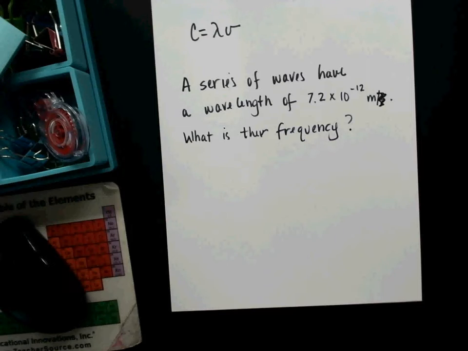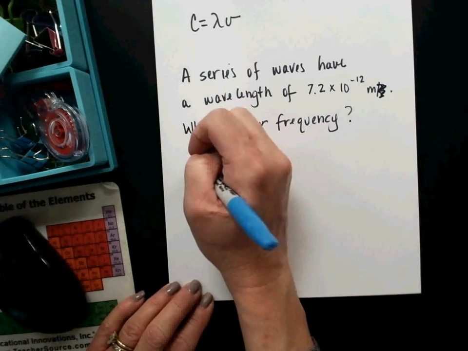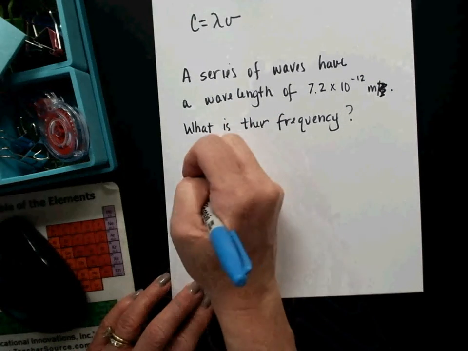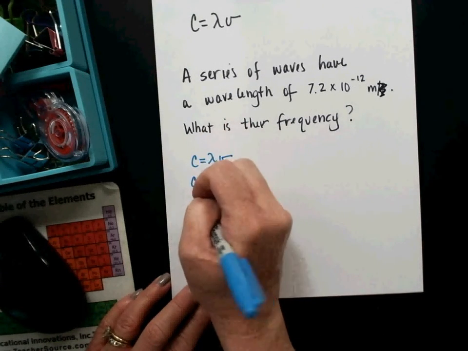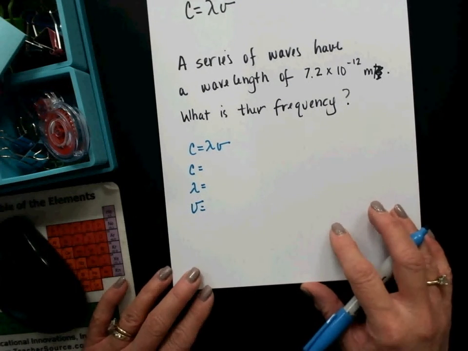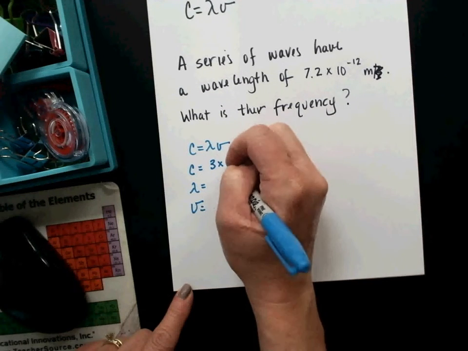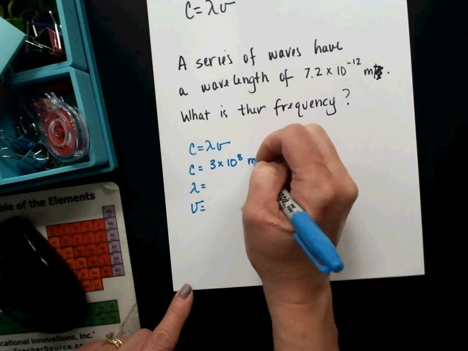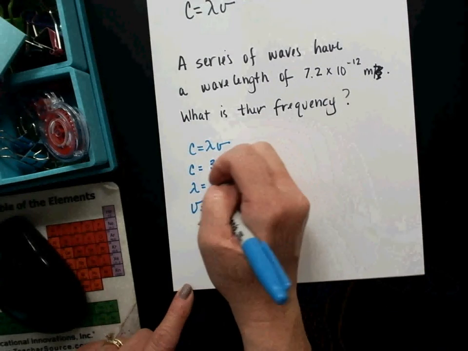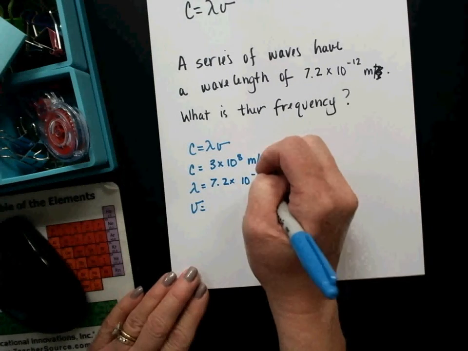All right. So this is what I expect to see. I expect to see your formula. Then I expect to see you list the variables like we've always done. And then I expect to see you plug in what you know. So C is 3 times 10 to the 8th meters per second. And I gave you wavelength, 7.2 times 10 to the negative 12th meters.